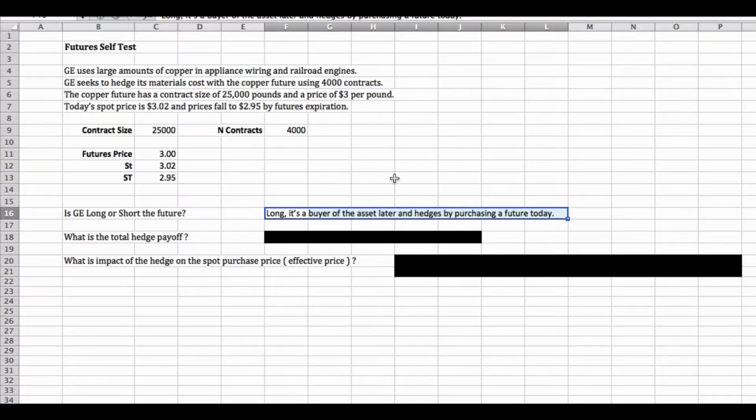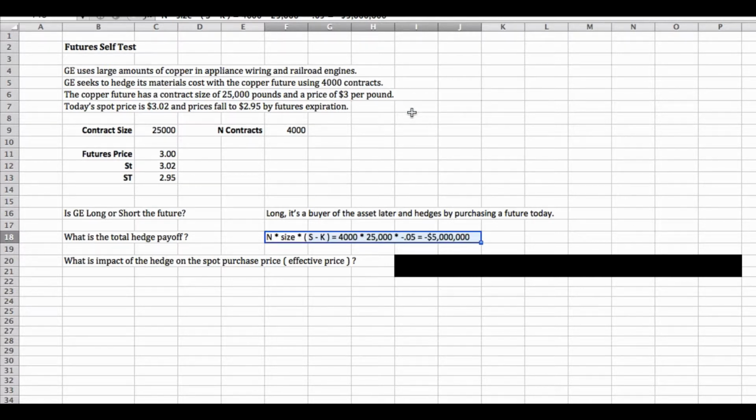Let's try the hedge payoff, and you may need a calculator or a piece of scratch paper. The hedge payoff formula for that, if you recall, is number of contracts times contract size times profit or loss. 4,000 contracts, contract size 25,000 pounds, 5 cents per pound loss.